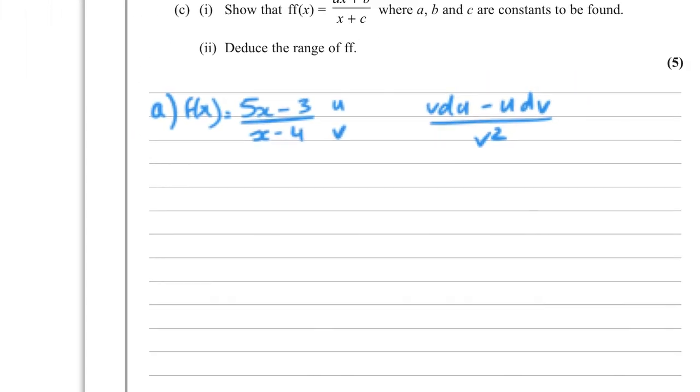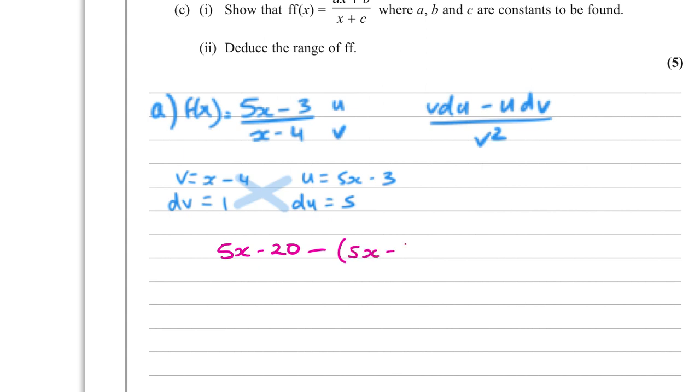So v is x minus 4, dv is 1. U is 5x minus 3, du is 5. So we're going to have v du, which is 5x minus 20, minus u dv, which is 5x minus 3, all over v squared, so we're going to get x minus 4 squared.